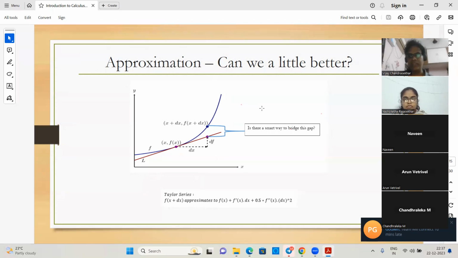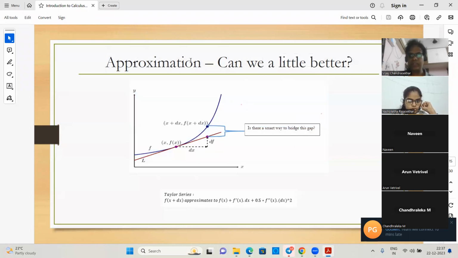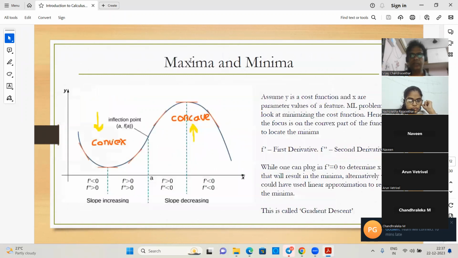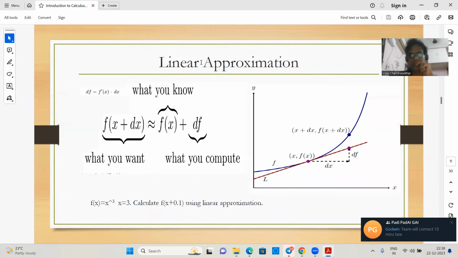whatever little that I have seen when it comes to the approximation, I have seen this a lot.